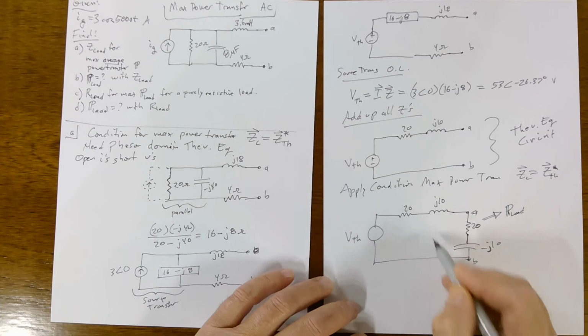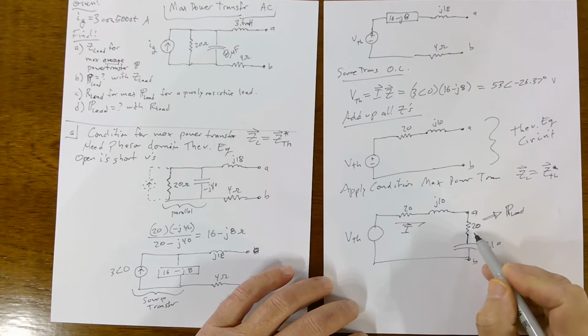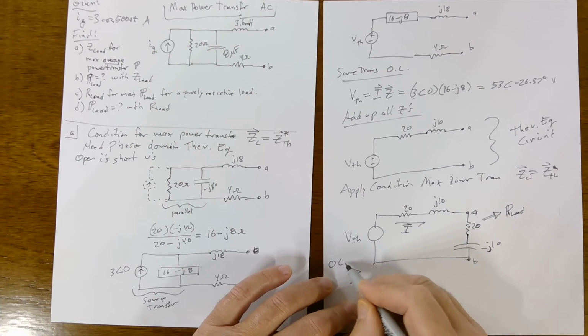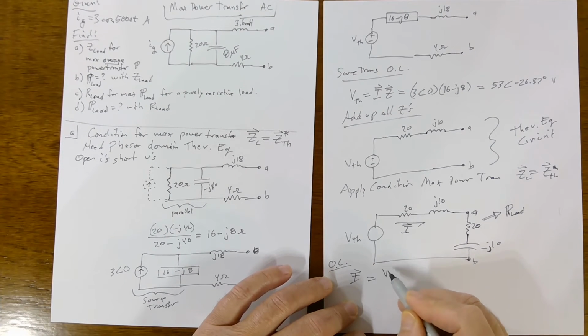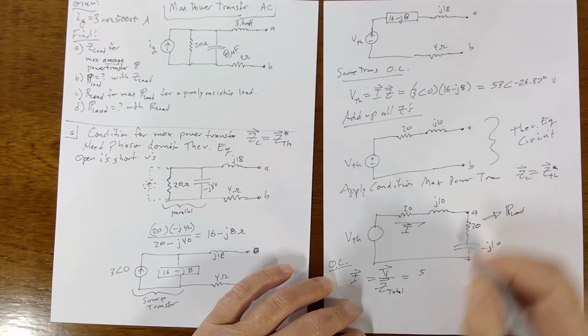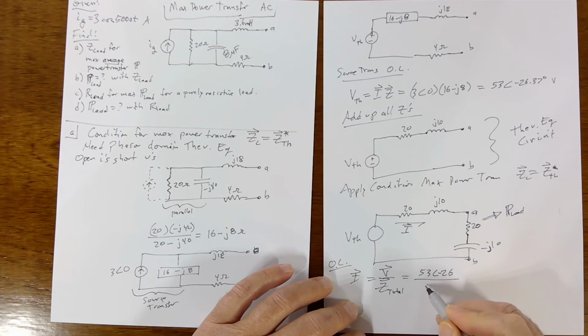So if we had I in phasor, then we could calculate the power leaving right here. So Ohm's law, I is this V phasor over the Z total, right? So it's going to be this V Thevenin, 53 angle minus 26, over 20 plus J10 plus 20 minus J10.